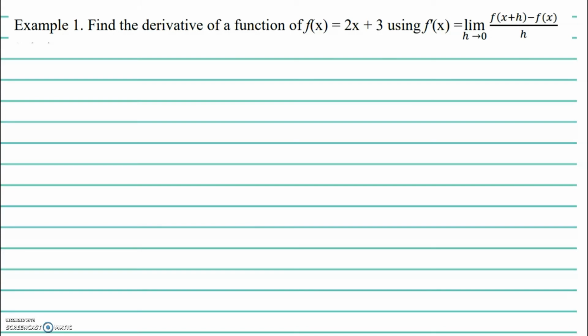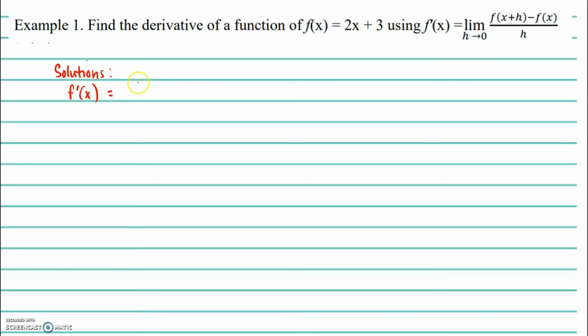Find the derivative of the function f of x equals 2x plus 3 using f prime of x equals the limit of the difference quotient. Okay. So let's have our solutions. Now that we are looking for the derivative, we will use f prime of x.